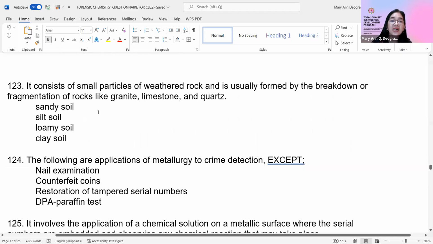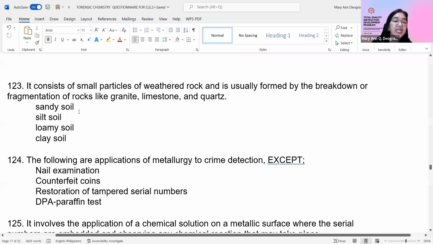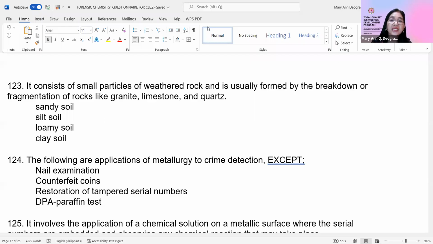It consists of small particles of weathered rock and is usually formed by the breakdown or fragmentation of rocks like granite, limestone, and quartz. So, hindi kasama si clay dyan, tsaka si loamy. Alin sa dalawa? Is it the sandy or the silt? It's letter A. It's the sandy soil.